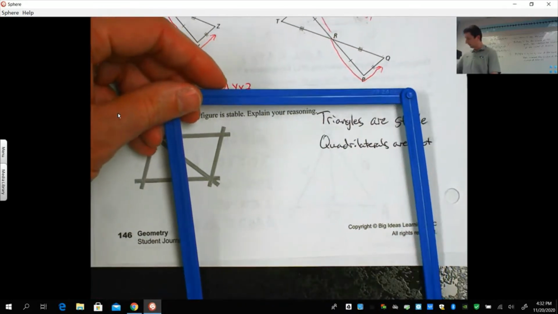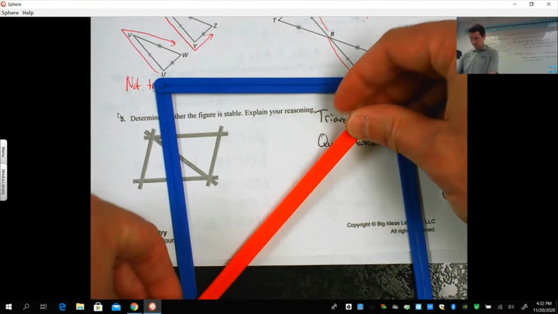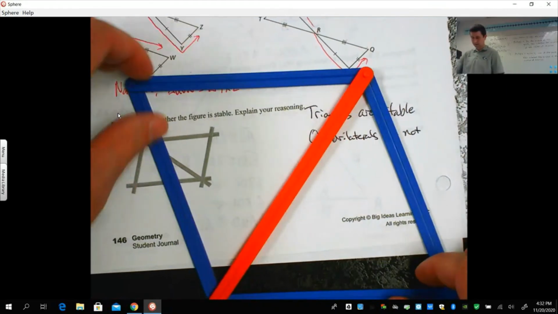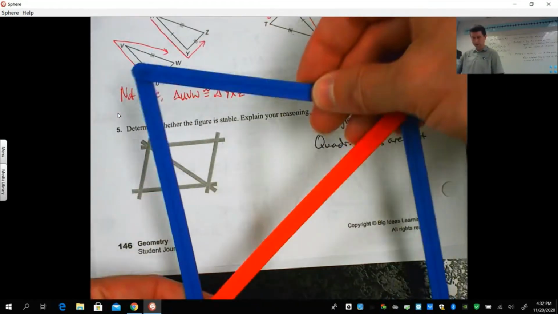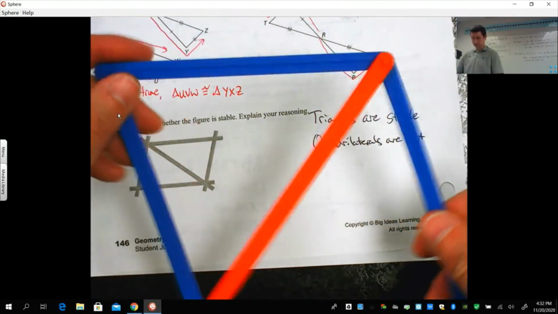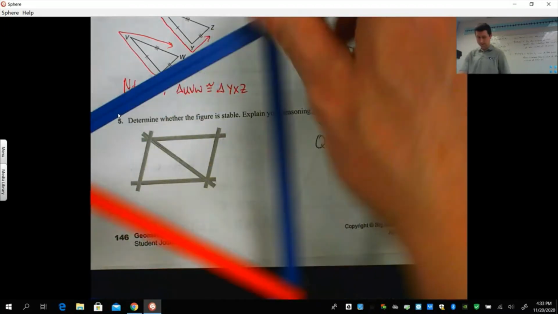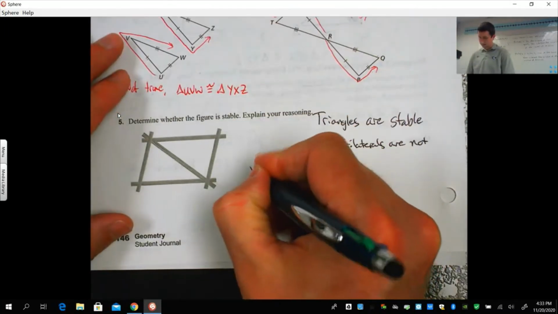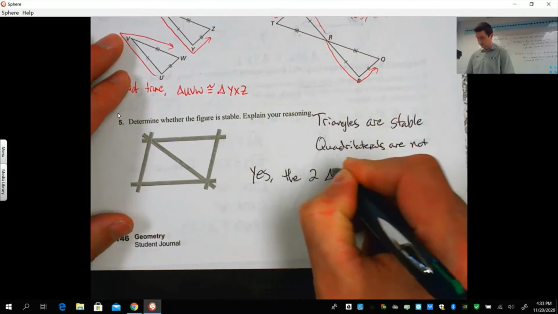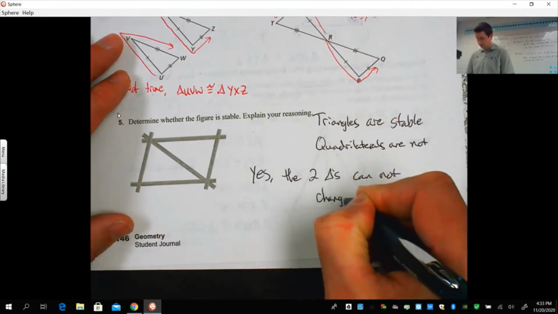Now if I take something and cross brace it and form these two triangles, even if it's not at an angle, now it's stable. I can't squish it as easily. So is this figure stable? I would say yes, it is. And I'd say the two triangles cannot change shape.